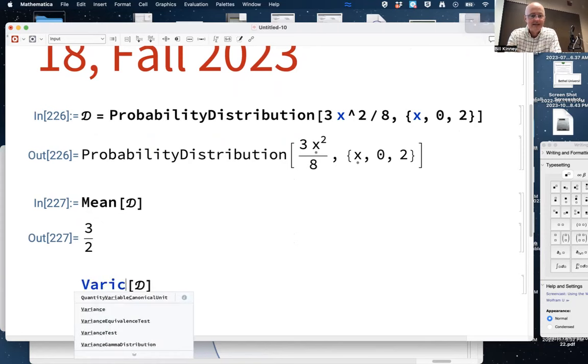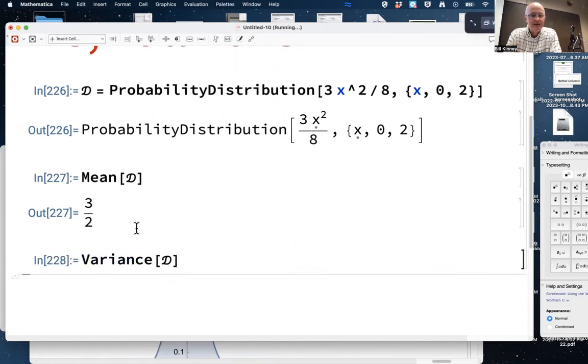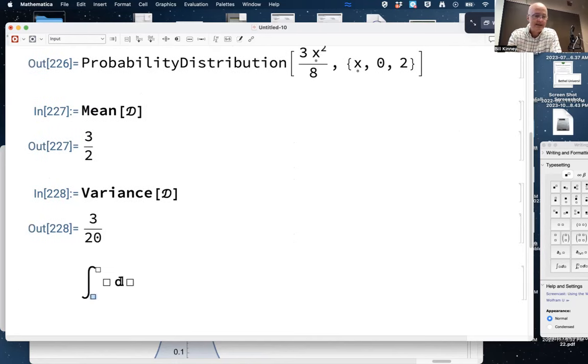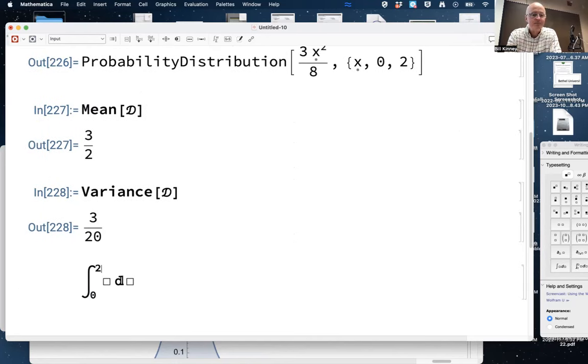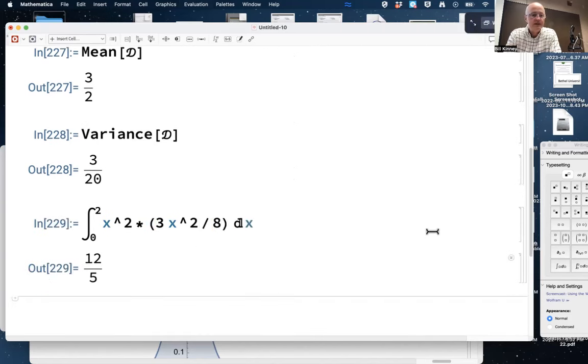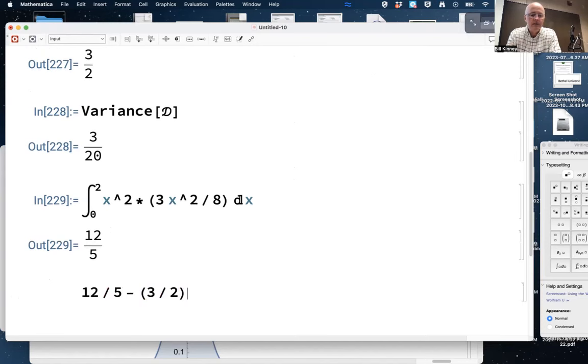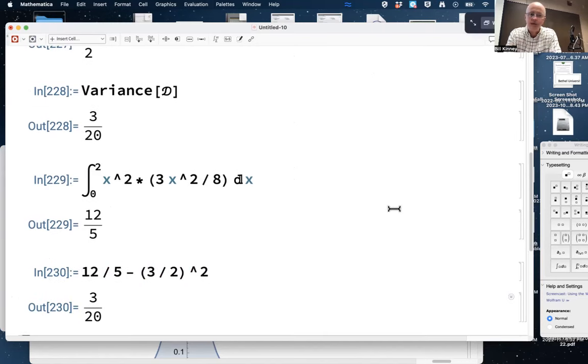We haven't done this. 3/20. Is that right? Let's check it. How about what's the second moment? The second moment's 12/5. Take the second moment minus the square of the first moment, the computational formula for the variance, and get 3/20.